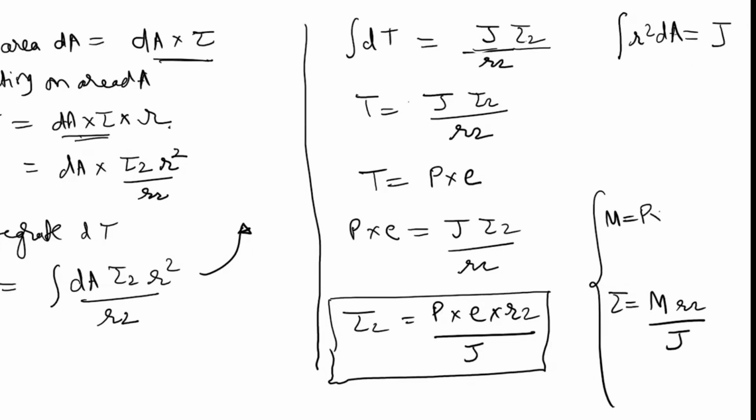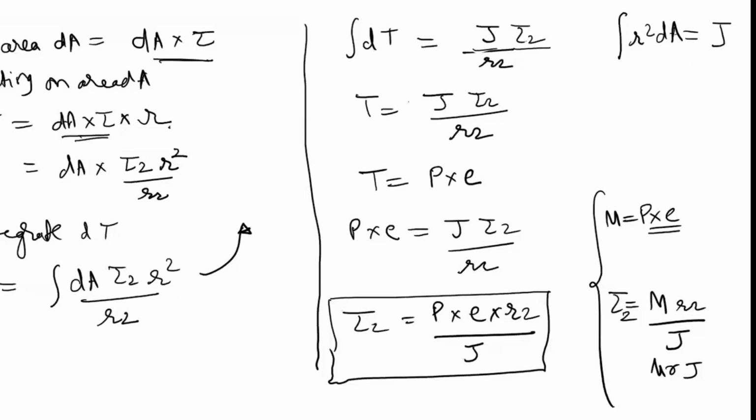M is torque, that is force into distance, P into E. They call it Mr. J. Tau 2 is equal to Mr. J. Just to remember, Mr. J means M into R and J. So this way also you can remember tau 2. We got tau 2, the secondary shear stress, equal to P into E into R2 upon J.